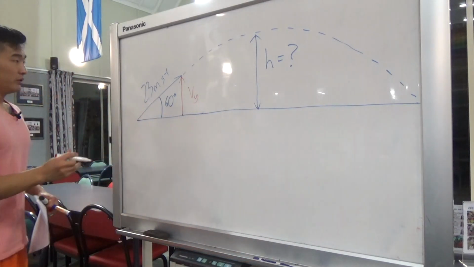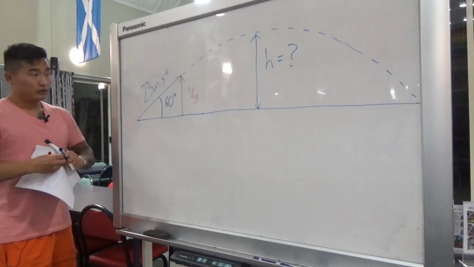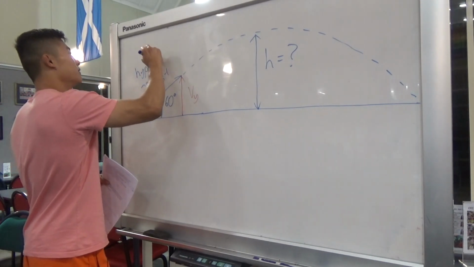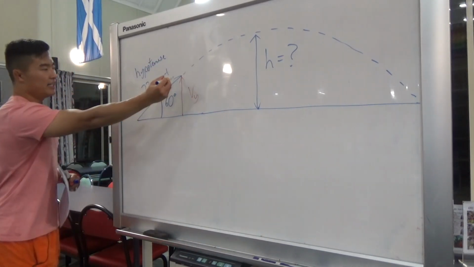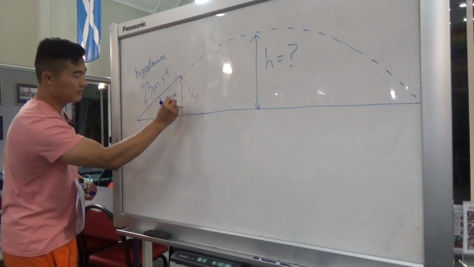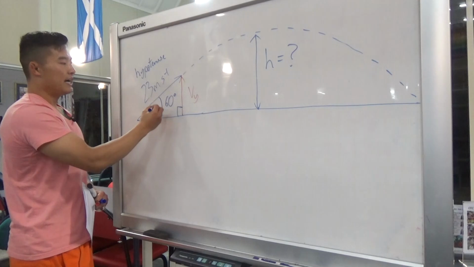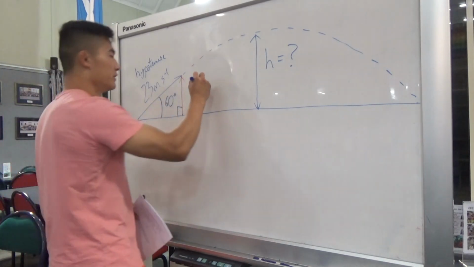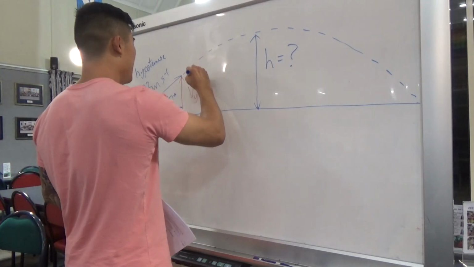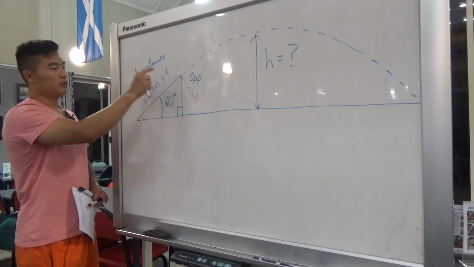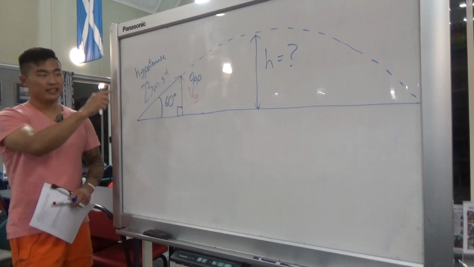This here would be our hypotenuse, because this is the long side. So we have a right angle triangle here. This side is opposite our angle that we've been given, so this side is our opposite side. So we've got the opposite and the hypotenuse, so that's O and H.